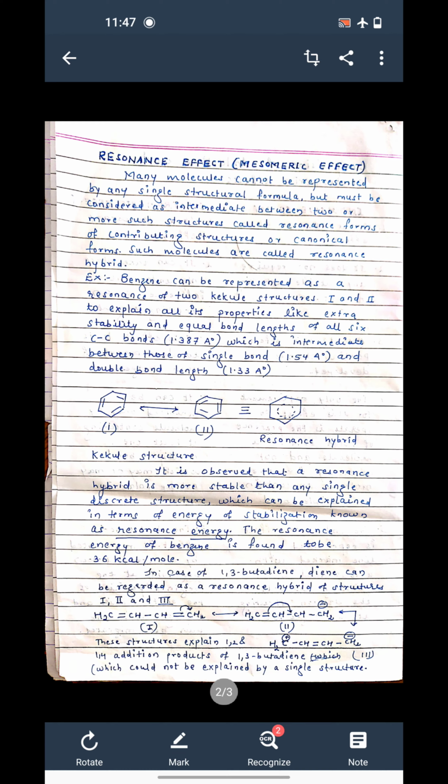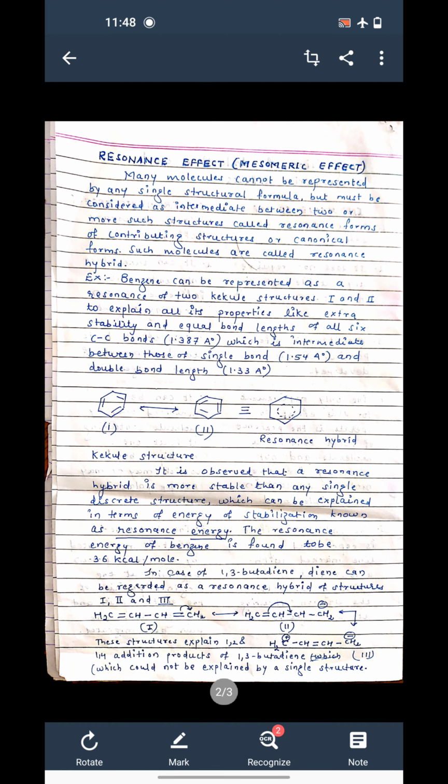But when research was done using spectroscopic methods, it was found that all six carbon-carbon bond lengths in benzene come out to be 1.387 angstrom.